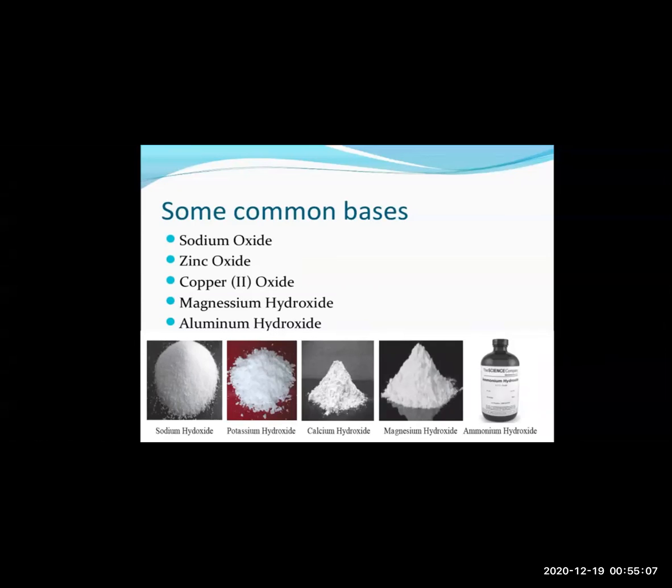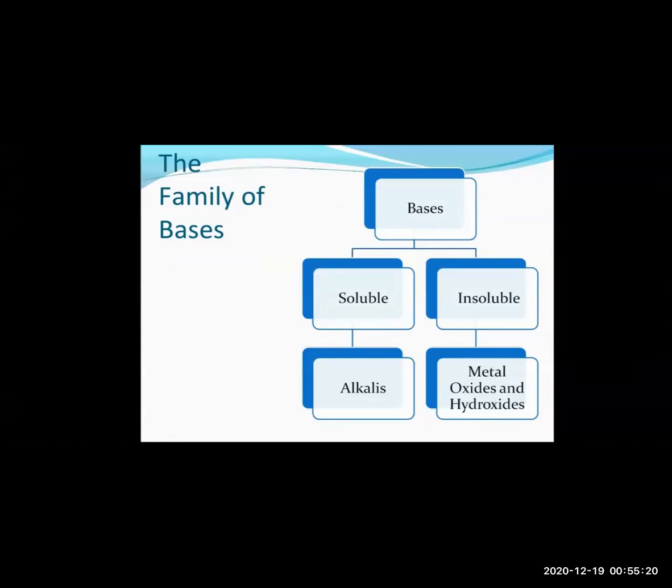So acid is a liquid thing, whereas bases are in the form of powder, or they may be in the form of liquid also. Both are available. Okay, so this is the family of bases. Now bases are divided further into two types. Some bases are soluble while some are insoluble.